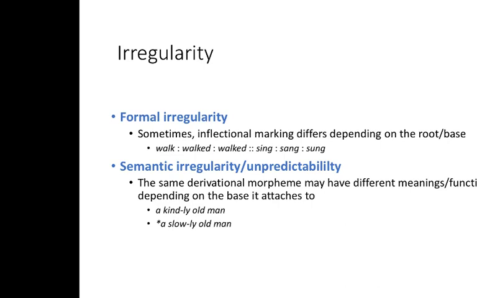So for a derivational morpheme, often the same morpheme will have different meanings in different contexts. So you can say a kindly old man, or the old man was kind. And you can say the old man was slow, but you can't say a slowly old man. So there's an irregularity in the meaning of this ly suffix.